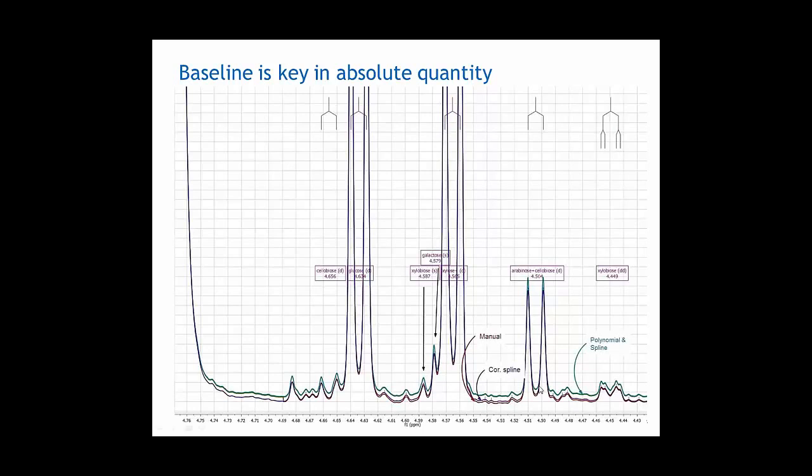With polynomial fitting and spline fitting, I get very comparable results. They are both here in the green color, and by adding just one extra data point to the spline, I get a much better fit of the manual processing result.